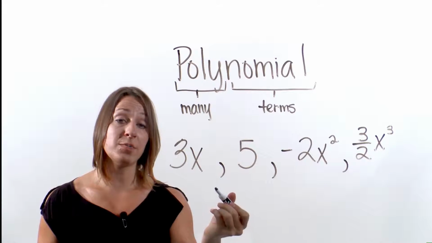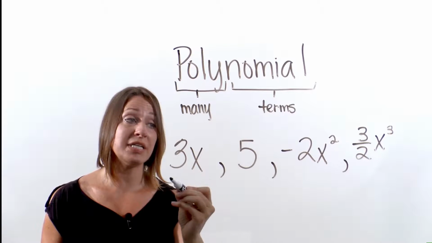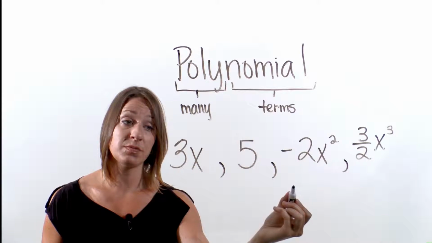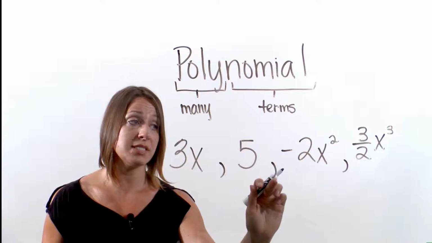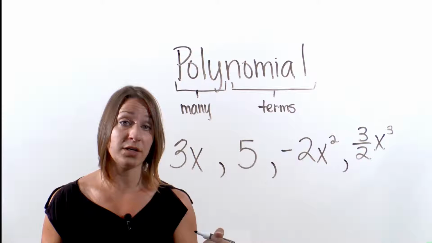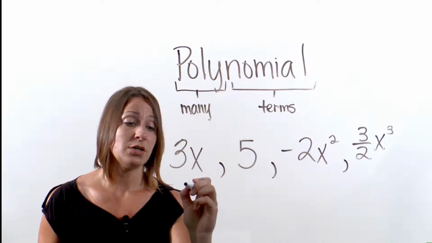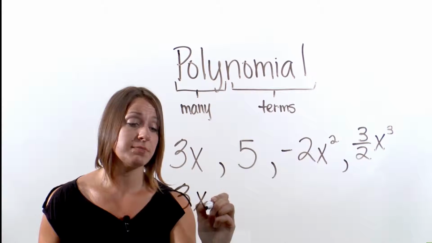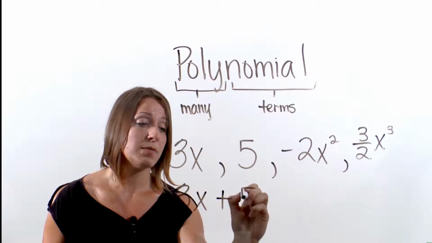Now, a polynomial is a list of terms, but instead of commas separating them, an addition or subtraction sign will separate them. So we would have 3x plus 5.